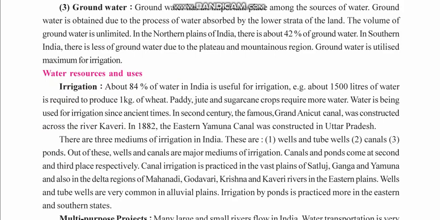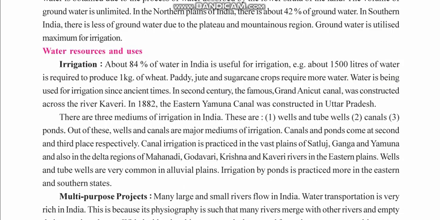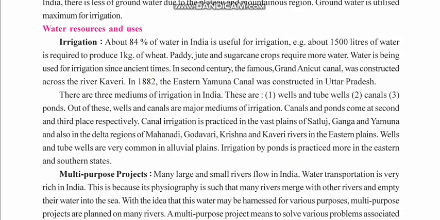Mainly in that we saw about irrigation, how irrigation is the most important place for the usage of water, and the three mediums in which irrigation is carried out in India, that were wells, tube wells, and canals and ponds.